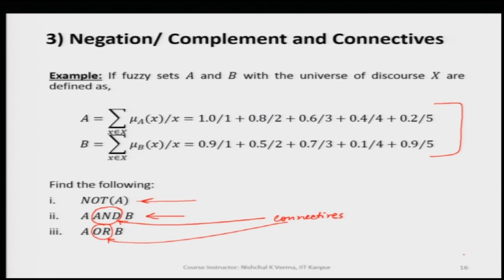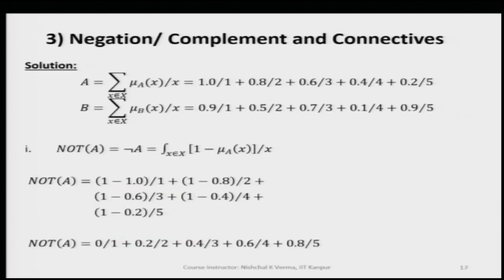So, let us now go one by one and try to find not A first. A has already been given. We represent not A by the negation of A, and as I have already mentioned, when we have the membership function mu A given, then for its negation we subtract the membership values from 1.